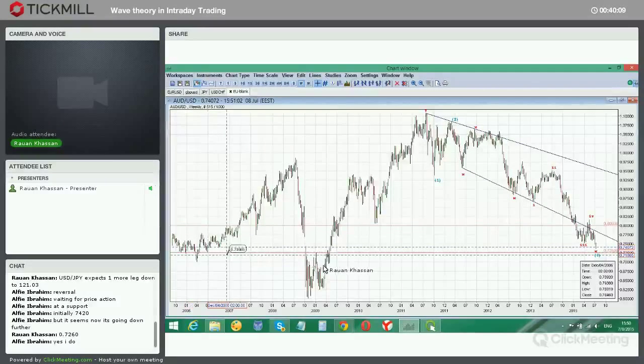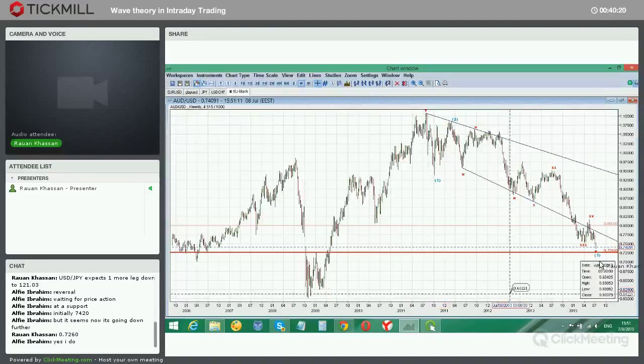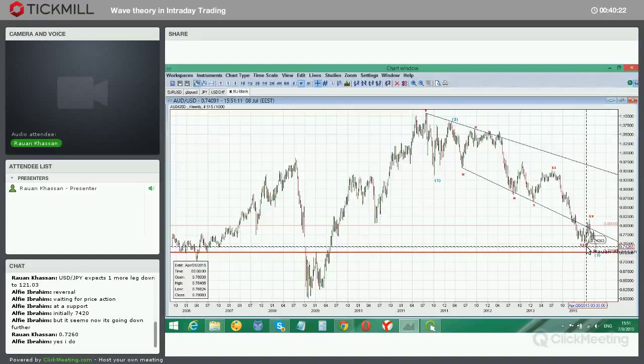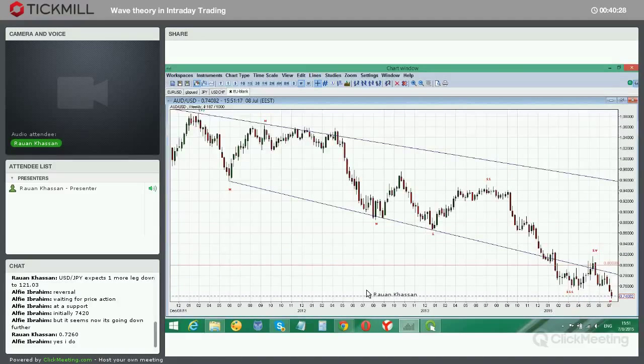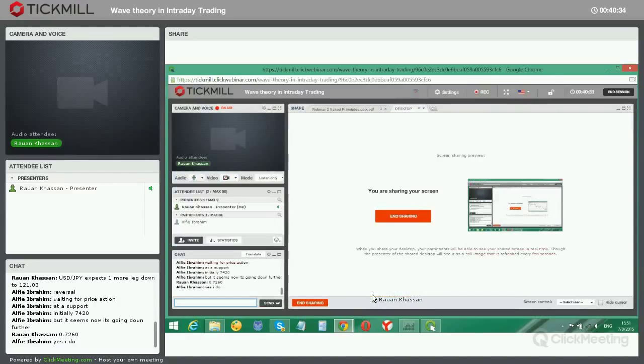And then again, this level worked as a reversal in January 2009. So this is how we have come up with the static level. And very likely that this time it will work as a static support level as well. Let's see how it works in the near time future.